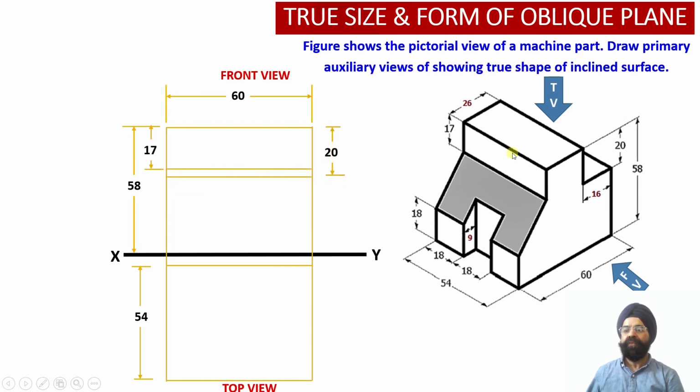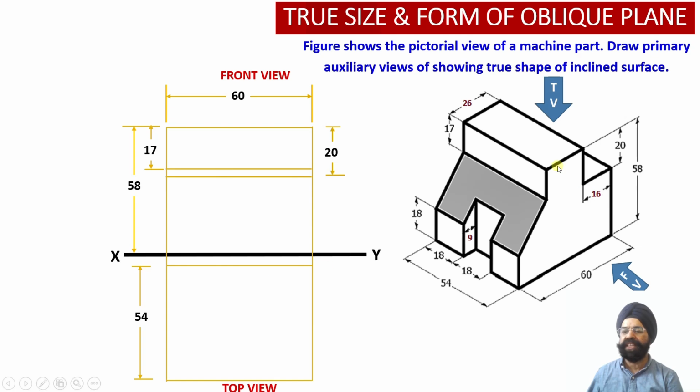Next, once we look at the solid from this side, we observe that we have a rectangular slot on the right hand side face of the solid, such that the width is equal to 16 millimeter and the height is equal to 20 millimeter. We must remember that this height is 17 on this side and the height of the vertical edge on the right hand side is 20 millimeter.